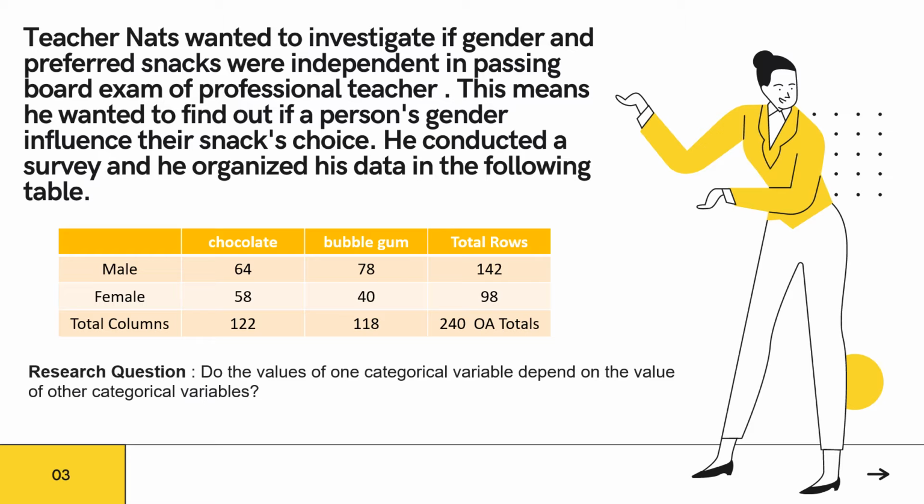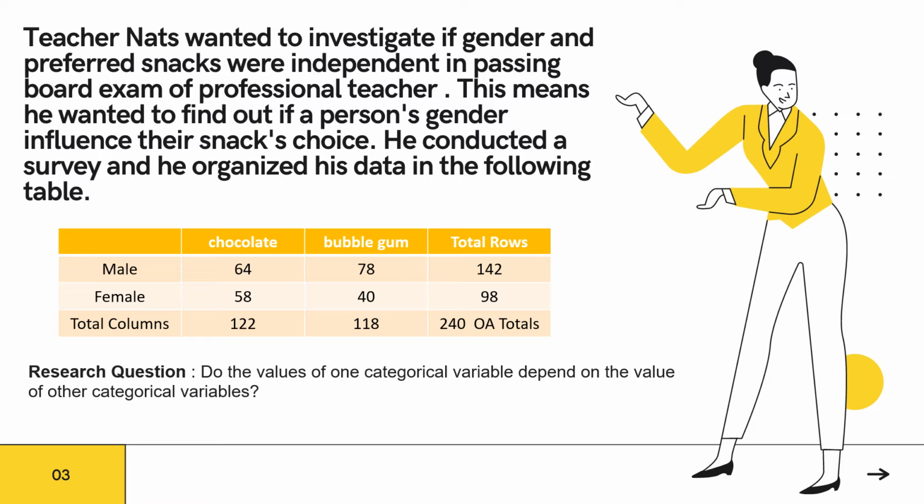Let's just say male: we have 64 who chose chocolate and 78 who chose bubble gum. So the total number of males that participated in this study is 142.